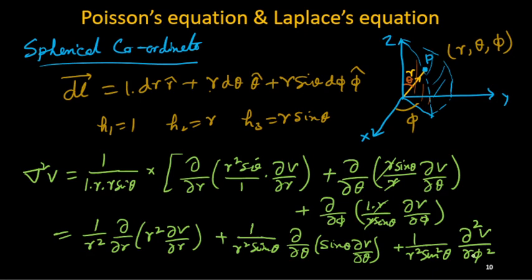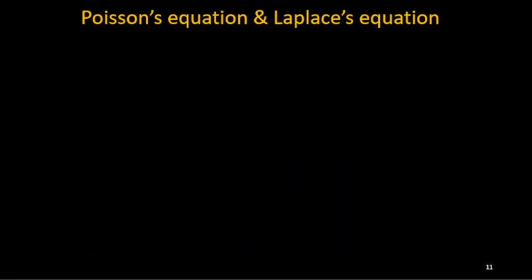Now we will take up two problems. One is the cylindrical coordinate system, the other one is the spherical coordinate system, and we will use the Laplacian operator, the Laplace equation, to solve them. So next, example number 2. We have two concentric cylinders that we can consider.